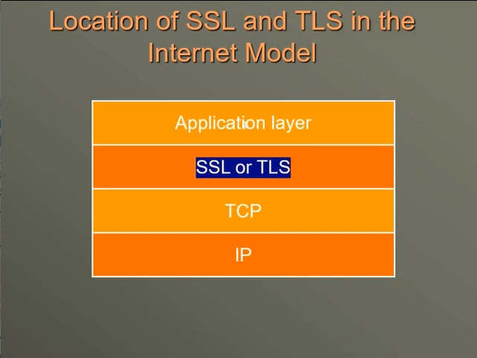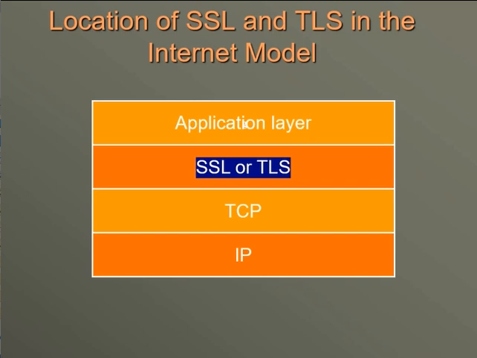Transport Layer Security basically provides end-to-end security services for the applications that use a reliable transport layer protocol, such as TCP. The idea is to provide security services for transactions on the internet.